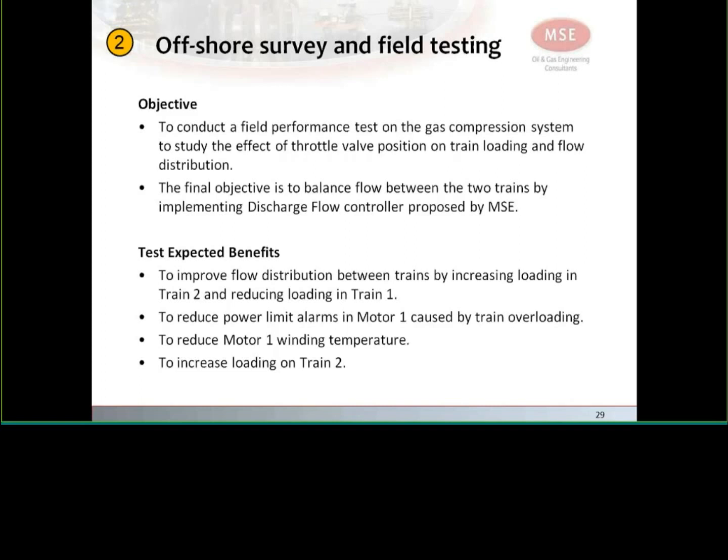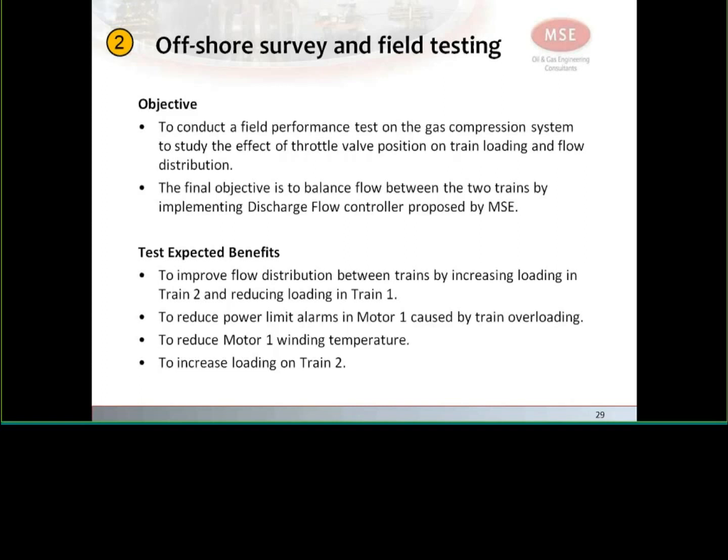What we expected is that the trains operate at more even flow, which would reduce the load on train 1 and give it to train 2, so both will operate much further below the motor current limit.